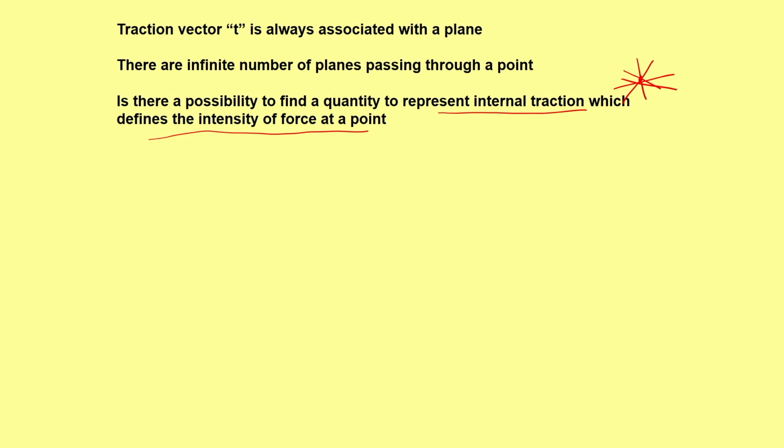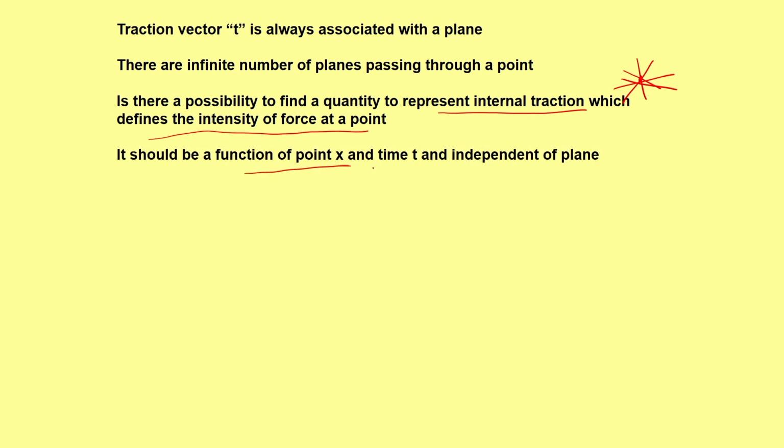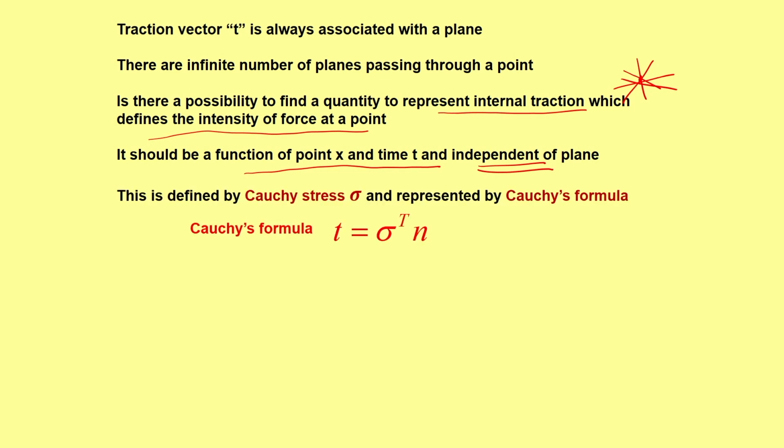Can you find a quantity which is not dependent on plane, but at the same time represents the internal force? It should be a function of point x and time t, and very specifically it should be independent of plane. Is there any quantity as such? Yes, this is very much possible.